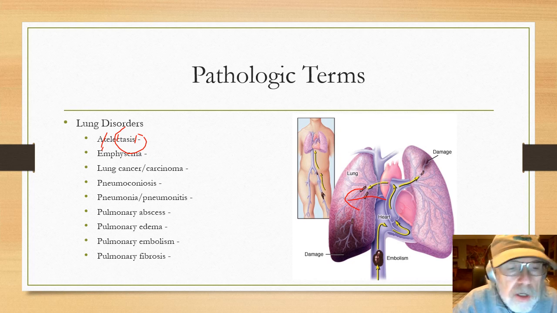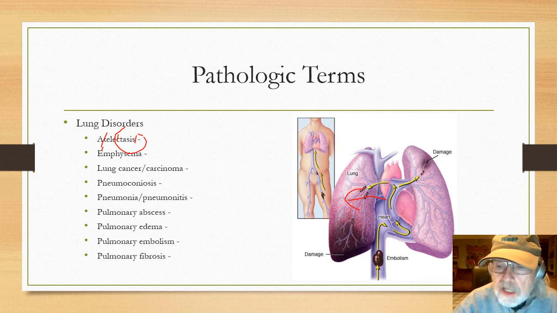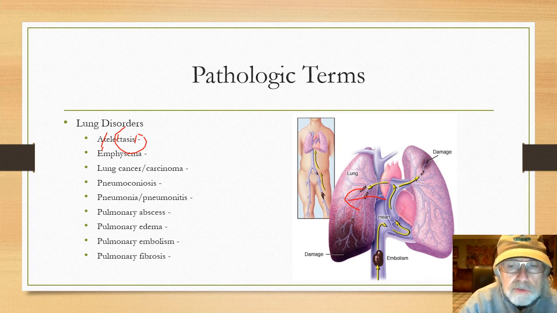Pneumoconiosis. Conio means dust. Pneumoconiosis is basically a destruction of the lung by dust in the air, which could be coal dust or silica dust like sand, things that you inhale. It lines the lungs and causes a significant problem.